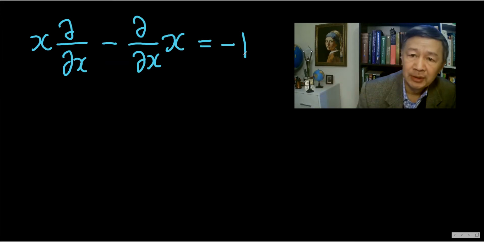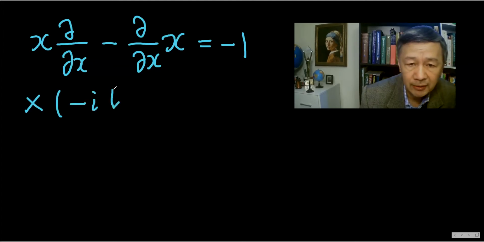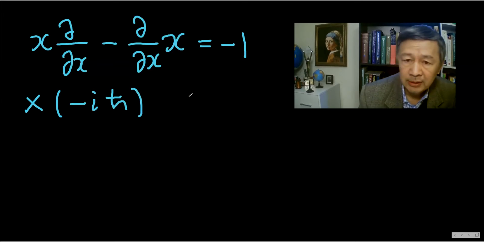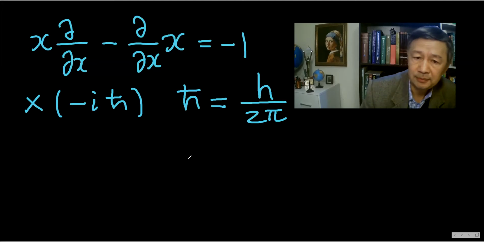Now let's go further. If we multiply by negative i h bar on both sides, where h bar is just a different form of the Planck constant, namely h divided by 2π, as simple as that, then we get this simple relation.